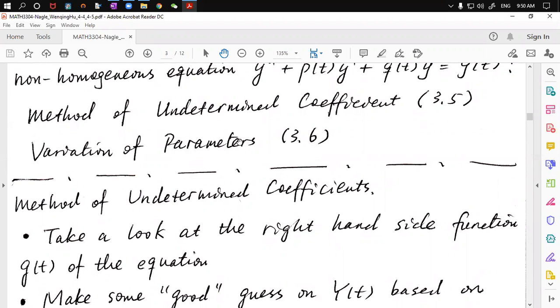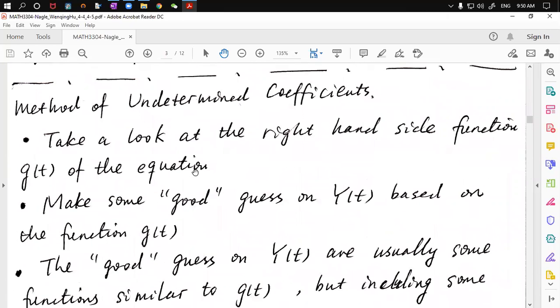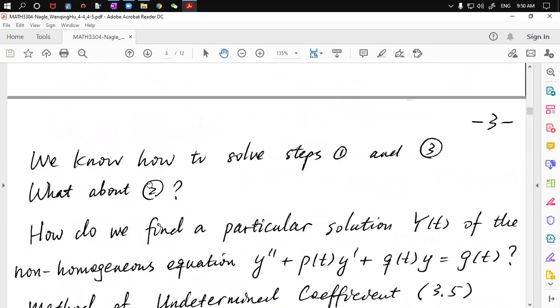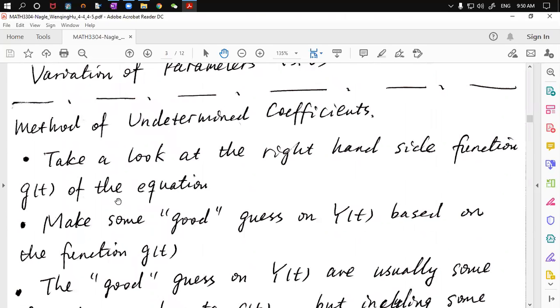For undetermined coefficients, the steps are overviewed as follows. The philosophical idea behind the method of undetermined coefficients is this. First of all, you take a look at the right-hand side function, g of t, the non-homogeneous term. Based on the non-homogeneous term, you start to make good guesses on your particular solution, capital Y of t.